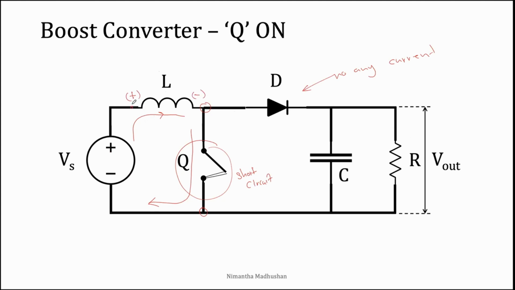And if you label A and B here, with Q short circuit, the inductor is charging from the source.